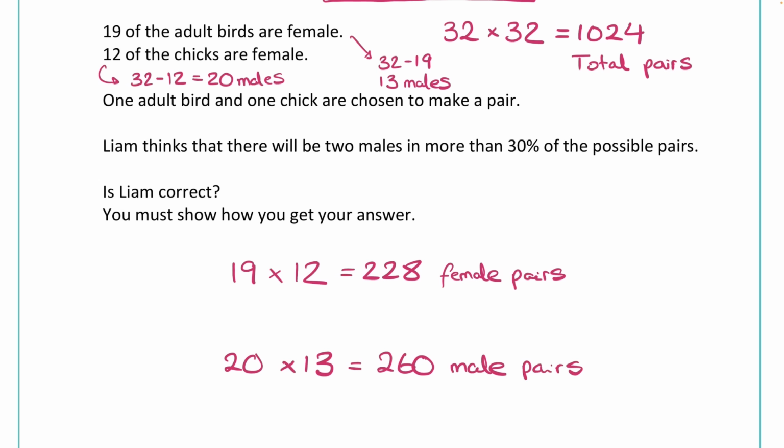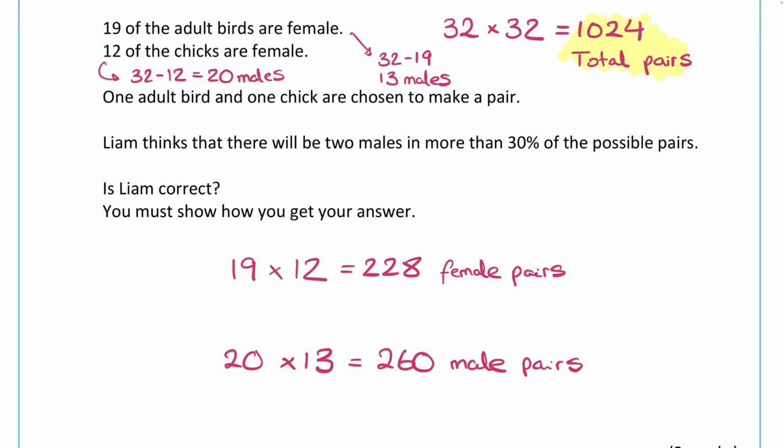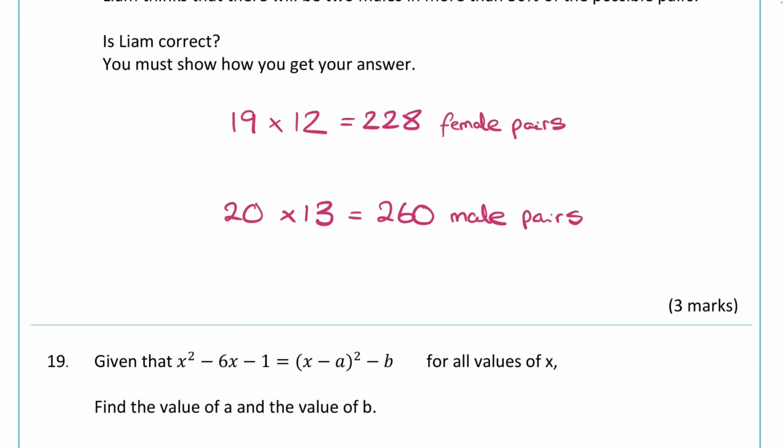And now we can have a think about whether this is 30% of the possible pairs. It says Liam thinks there'll be two males in more than 30% of the possible pairs. Well, let's work out what 30% of the possible pairs are. So here, our total pairs is 1024. So if we work out 30% of 1024, there are different ways that you could work that out.